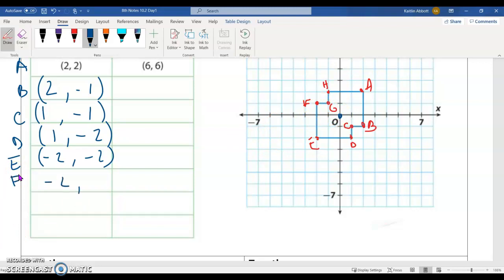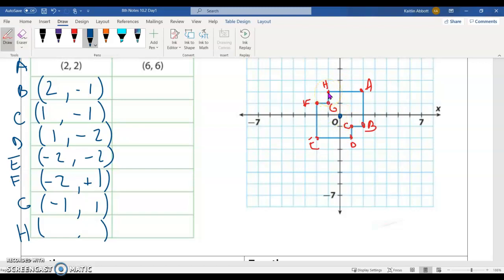G is -1, +1. G and H. All right, H is -1, +2.